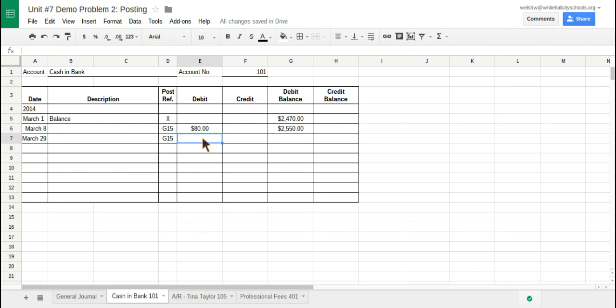So in the debit column, because the transaction was 110. So now our running total, this is our total. Do our formula, equals that, plus that. There's our new cash and bank total as of March 29th. Do our post reference of 101.